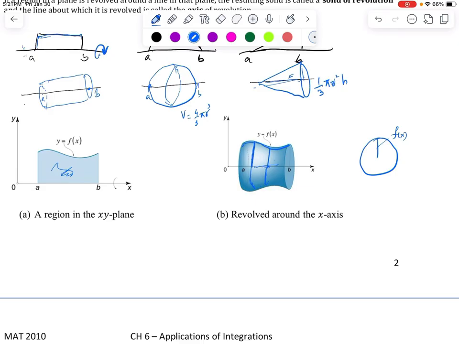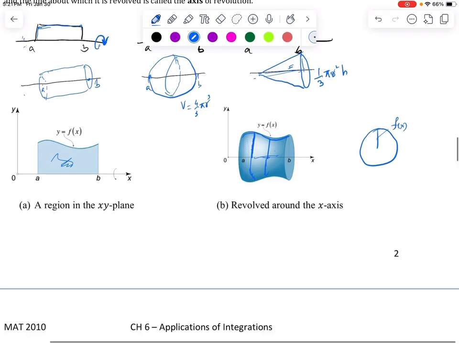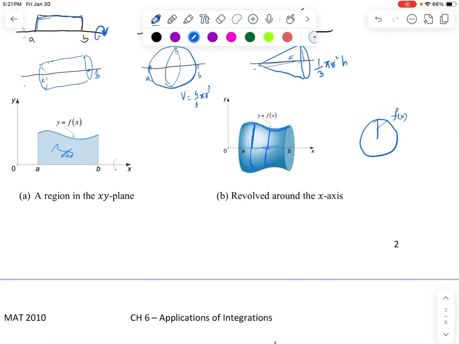Now that we know that it is a circle, we will use the same formula we derived earlier, that the volume is the area of the cross section multiplied by the thickness or length.